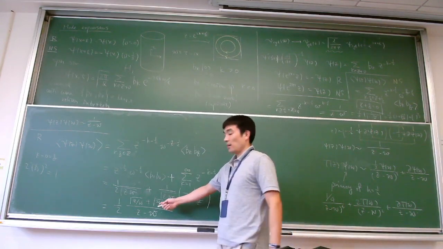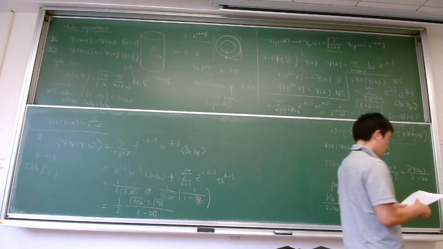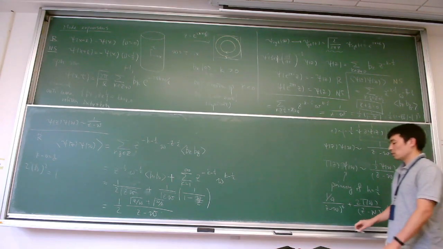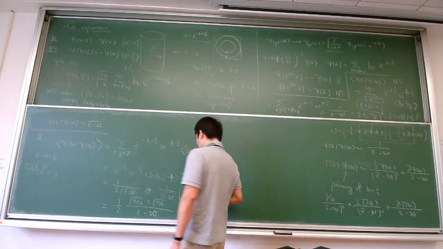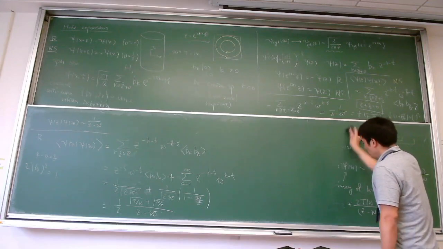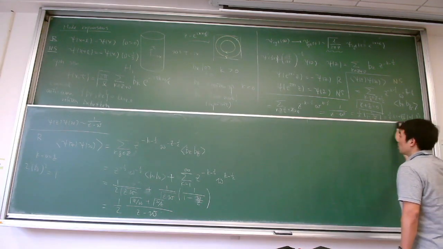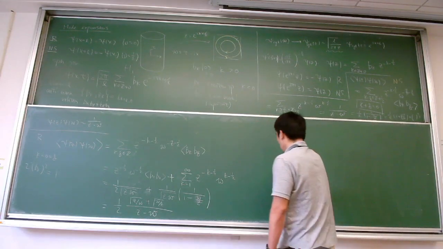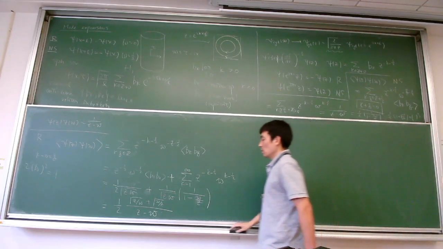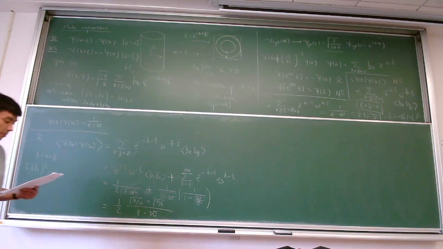So globally, the difference will appear by using the periodicity on the circle. Okay, so that's really what's happening.